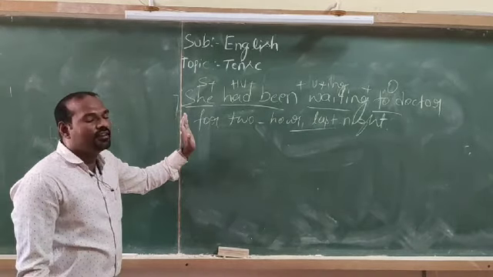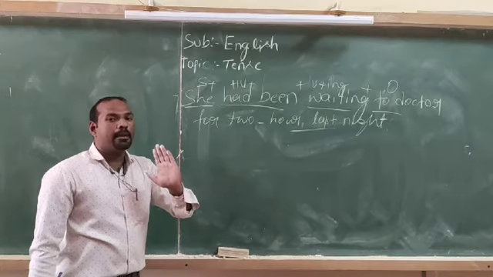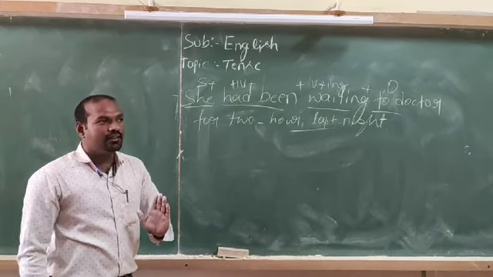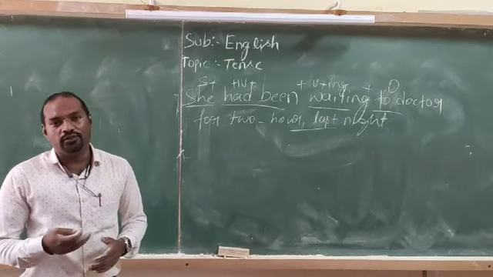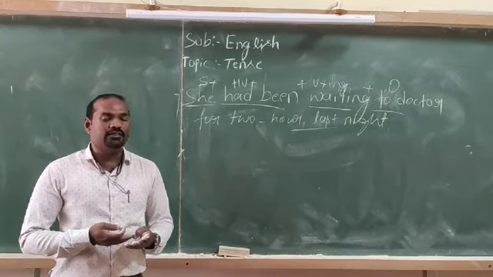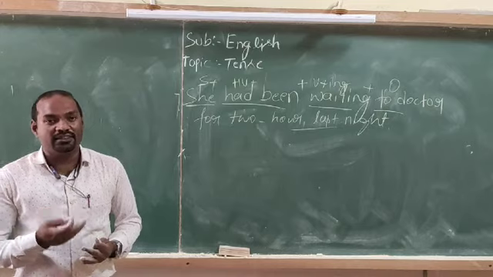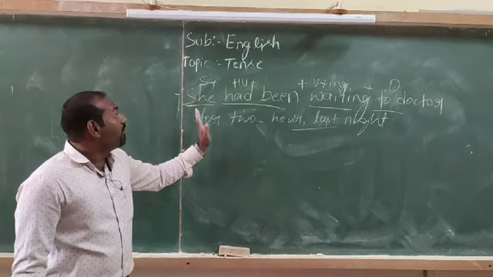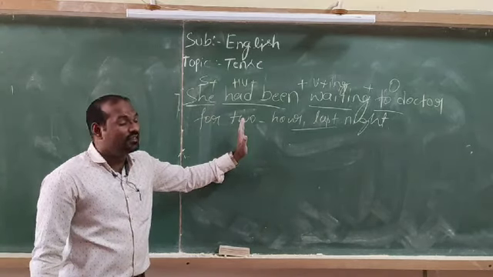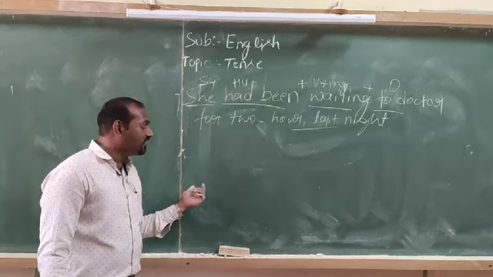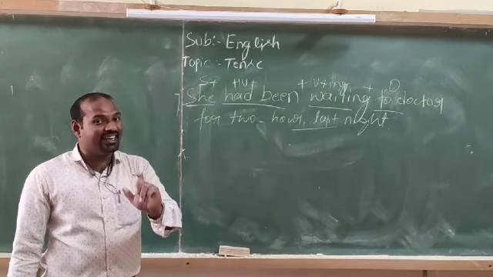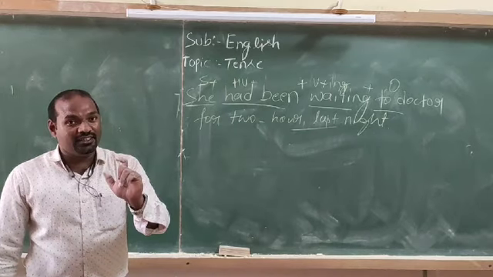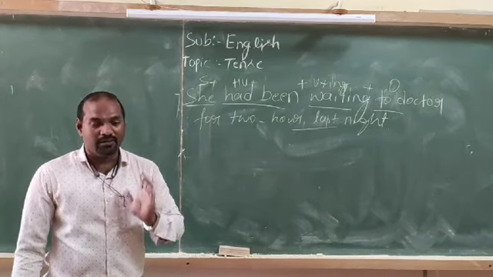Okay, so this is the end of the past tenses. Throughout the class I have discussed the simple past tense, past continuous tense, past perfect tense, and past perfect continuous tense. The rest of the negative and interrogative sentences, you have to frame correctly and comment in the comment box below.